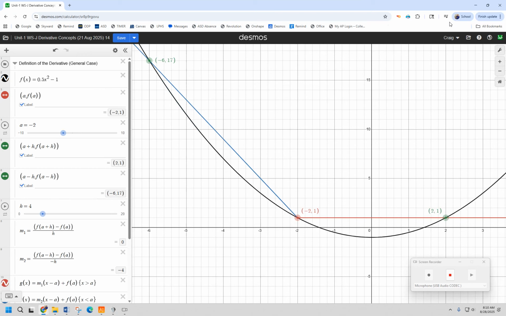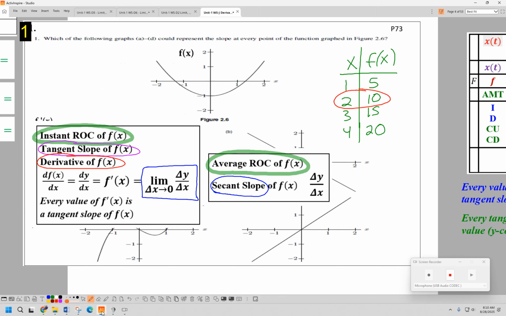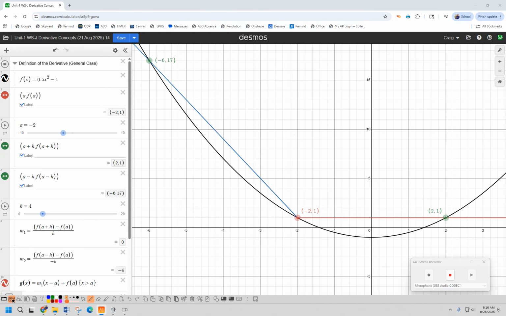So what you see there is a point at -2, let's get some marker, hold on a second. So right here, you see a point at -2, 1. And we're investigating how to find the rate at which that xy pair is changing at exactly that moment.